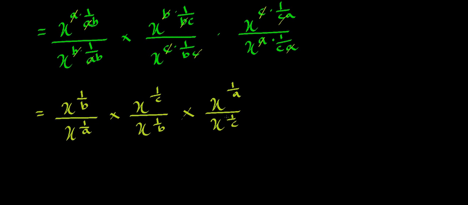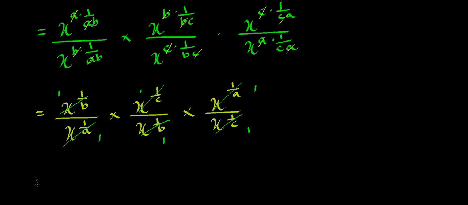Now children, all these terms are multiplying, and you know multiplication में भी simplification होता है. x raised to 1 upon b and x raised to 1 upon b cancel, x raised to 1 upon c and x raised to 1 upon c cancel, x raised to 1 upon a and x raised to 1 upon a cancel.